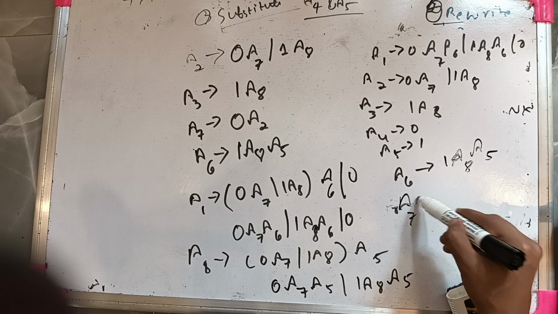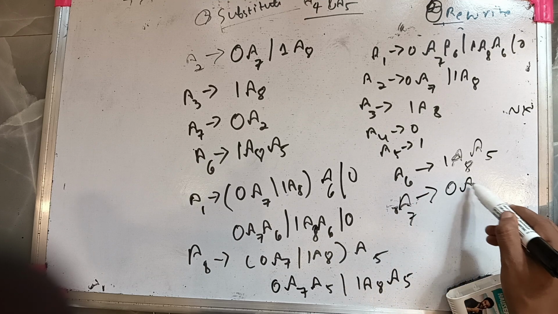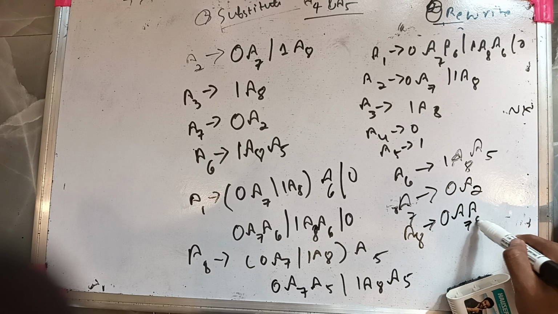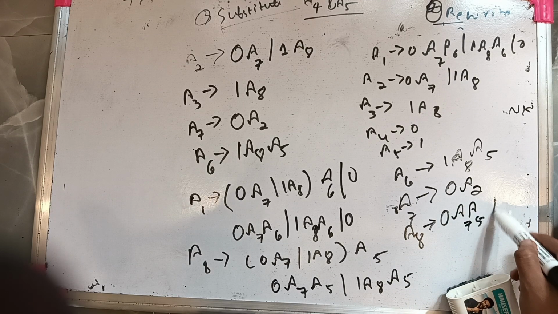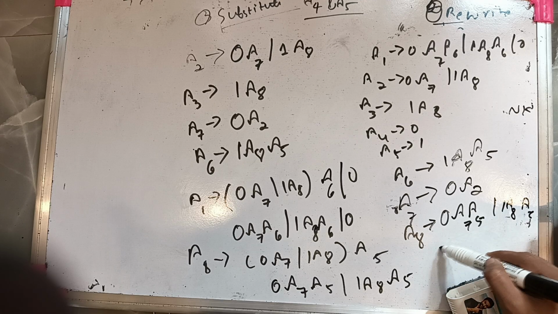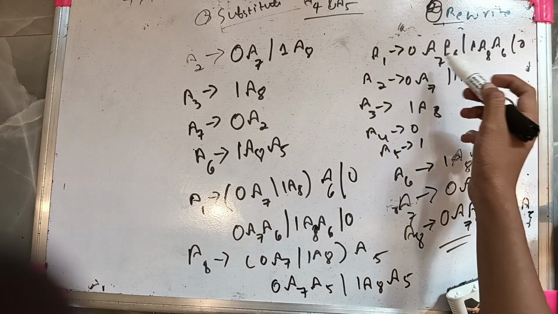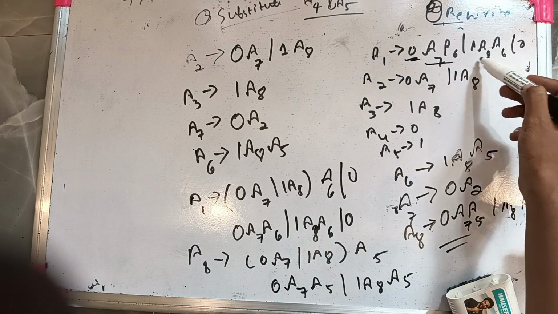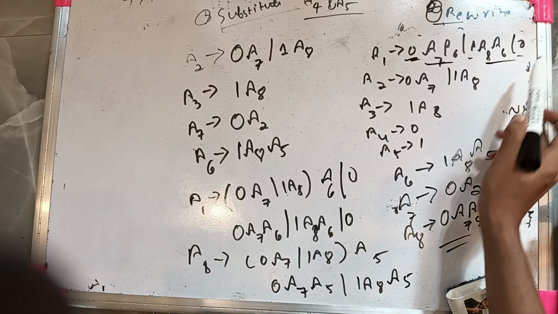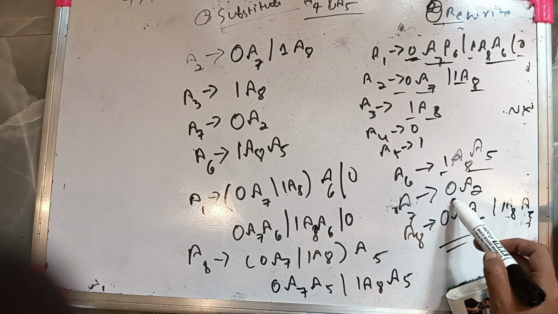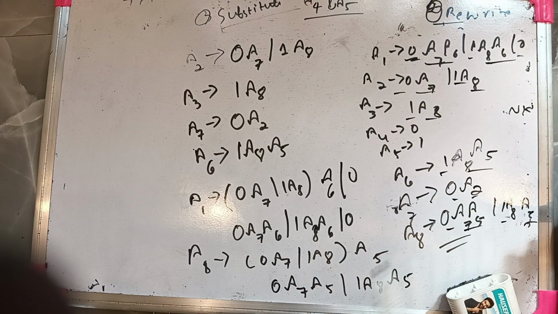Next A7 gives what? 0, A2. A8 gives 0, A7, A5, 1, A8, A5. This is the final answer and you can cross check: one terminal followed by a variable, and so on; a lone terminal is fine. Everything is converted into GNF.